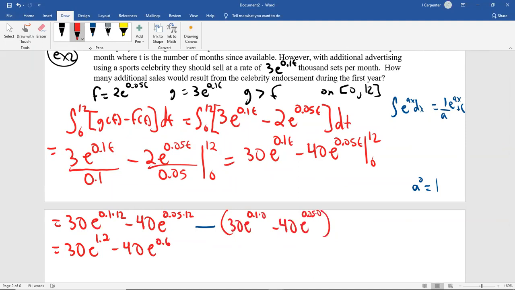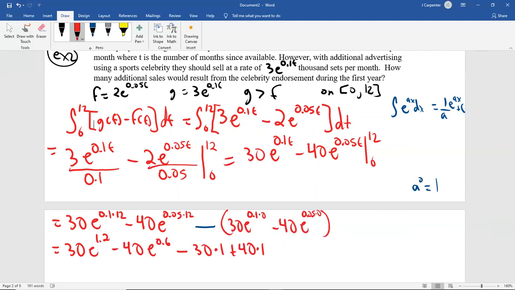Distribute the negative appropriately. So this is a minus 30 times e to the 0, which is 1. This negative and this negative, the blue and the red cancel, so that's a plus. Leave the 40. And this e to the 0 is going to be another times 1.